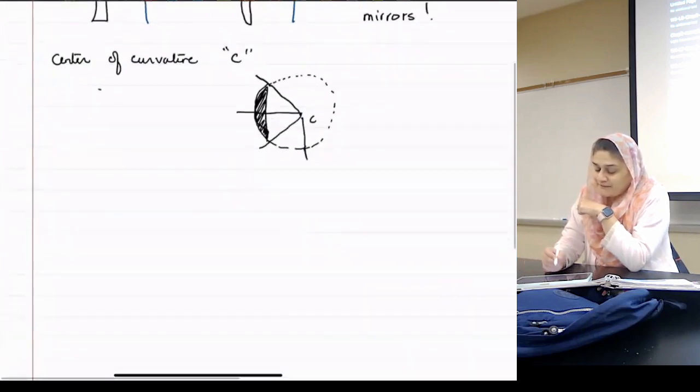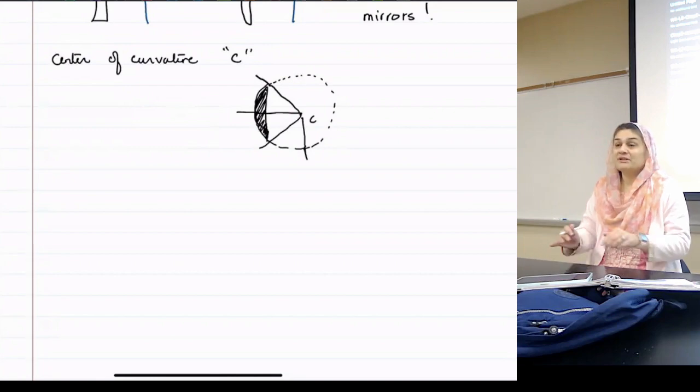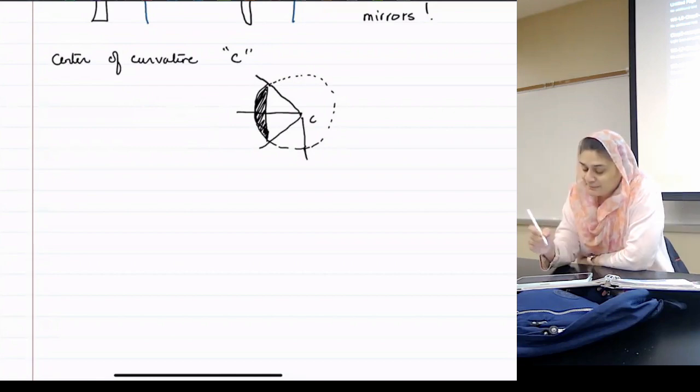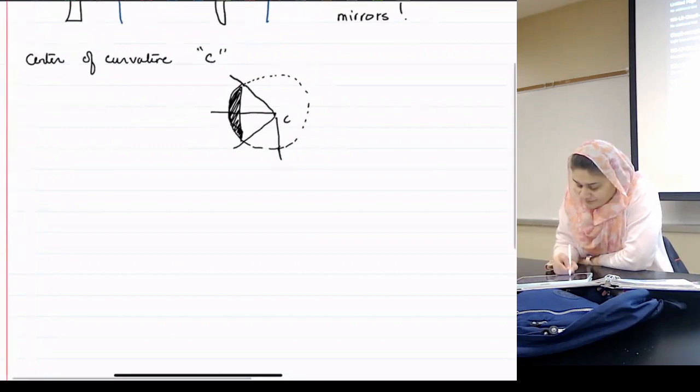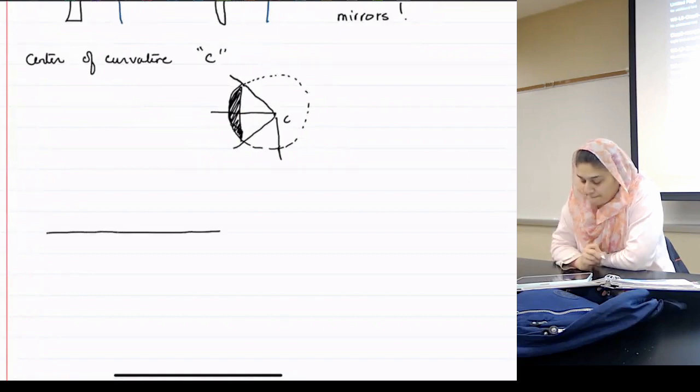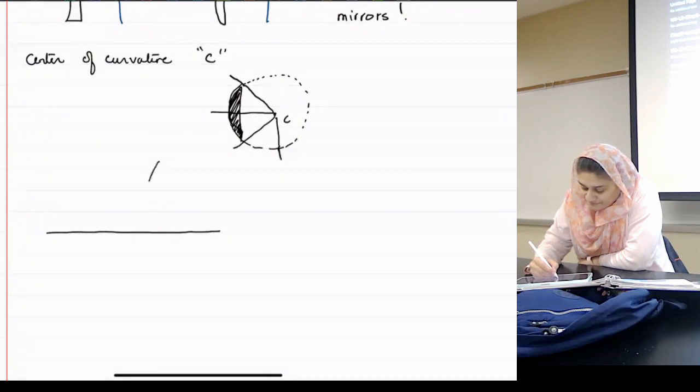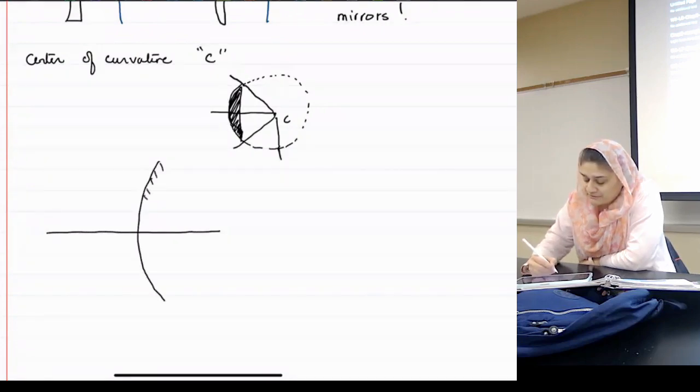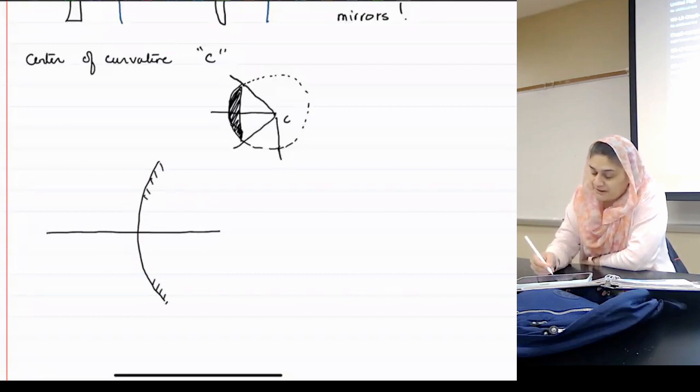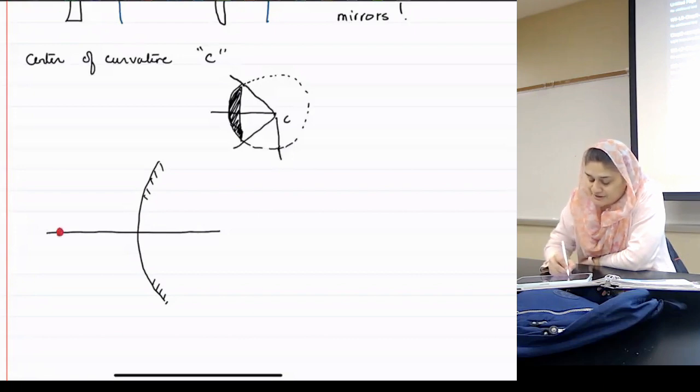If I have a point source, how will this scenario work out? I'm going to try to be careful. Imagine this is my optical axis, and this is the reflecting surface I'm going to draw. If my object is here, it is emitting light in all directions.